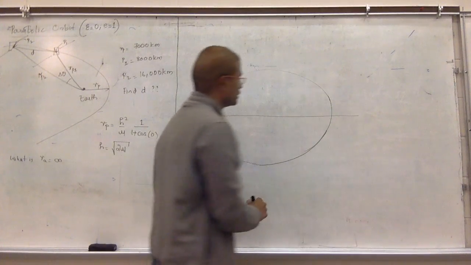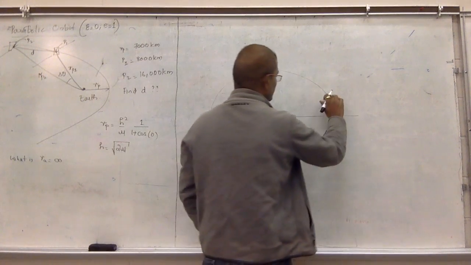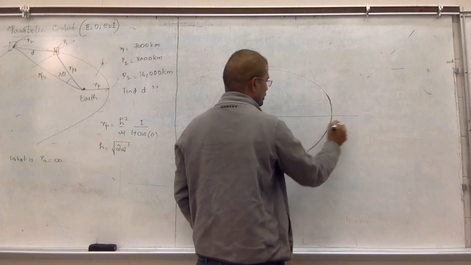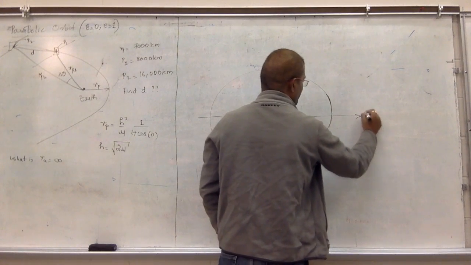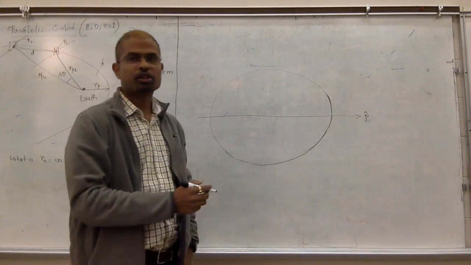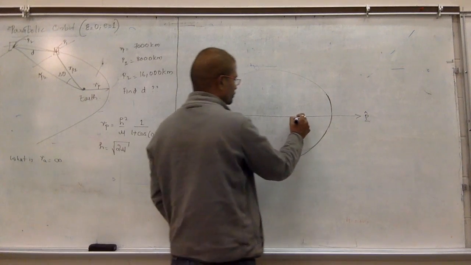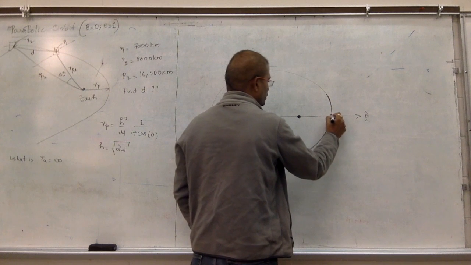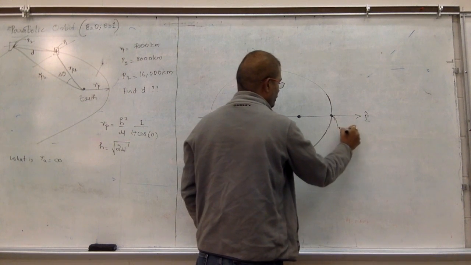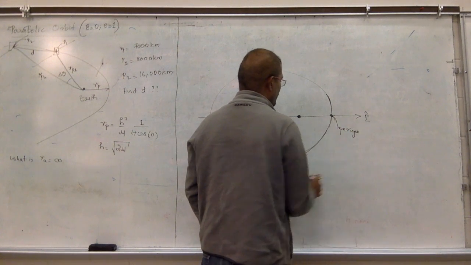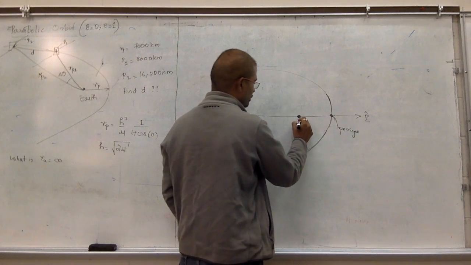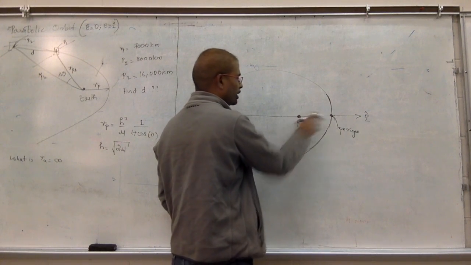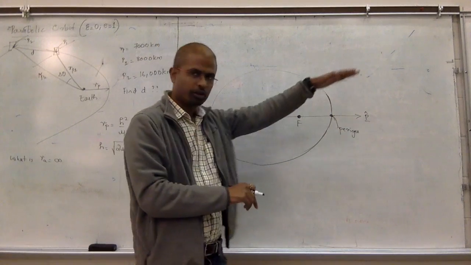Now this is the perigee direction. What is perigee direction? Perigee is this point. This point is perigee or periaxis, right? Perigee direction is the line joining the foci and the perigee, and it just goes on.